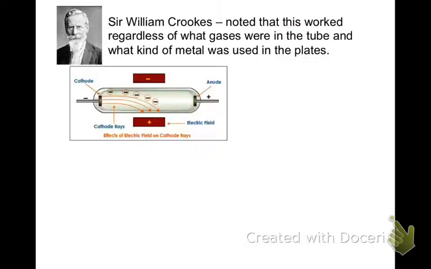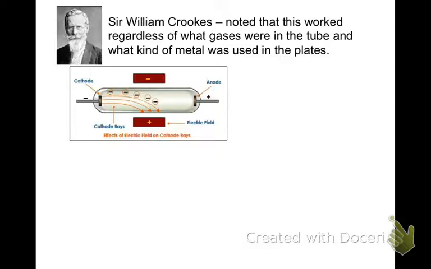So Sir William Crookes and J.J. Thomson started to play with this cathode ray and noticed that if they were to put charged plates or magnets around the cathode ray tube, they could get the beam that they were seeing to change paths. So for example, in this picture here, normally that cathode ray would just go straight across the tube.